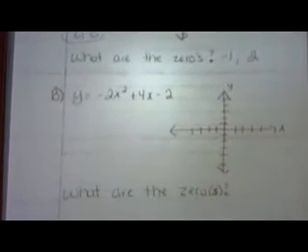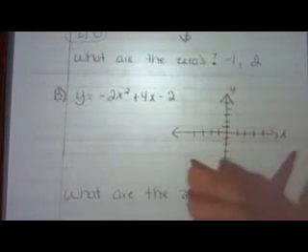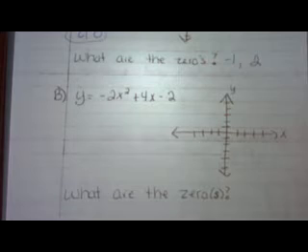Okay, look at B. I'm going to graph it. y equals -2x squared plus 4x minus 2. Bring up my table.